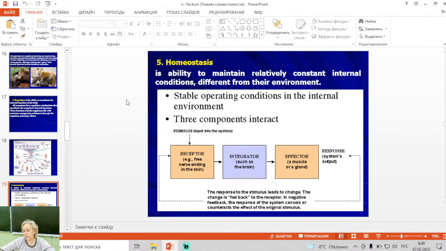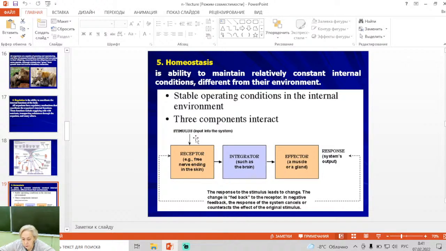Next property, homeostasis. Homeostasis is the ability to maintain a relatively constant internal condition different from the environment. And you can see there are three components that interact: receptor, integrator, and effector.